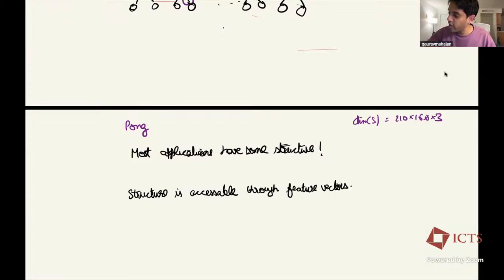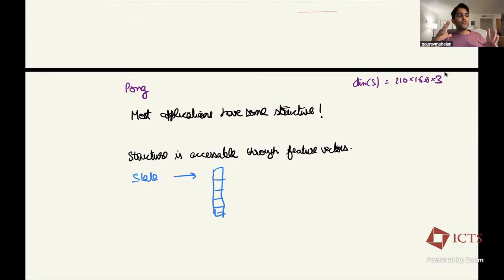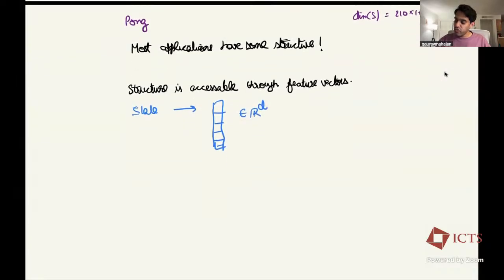So in practice, for every state, you have a feature vector that you use as a proxy for the state. This is some vector in R^d, and usually this dimension is less than the number of states.